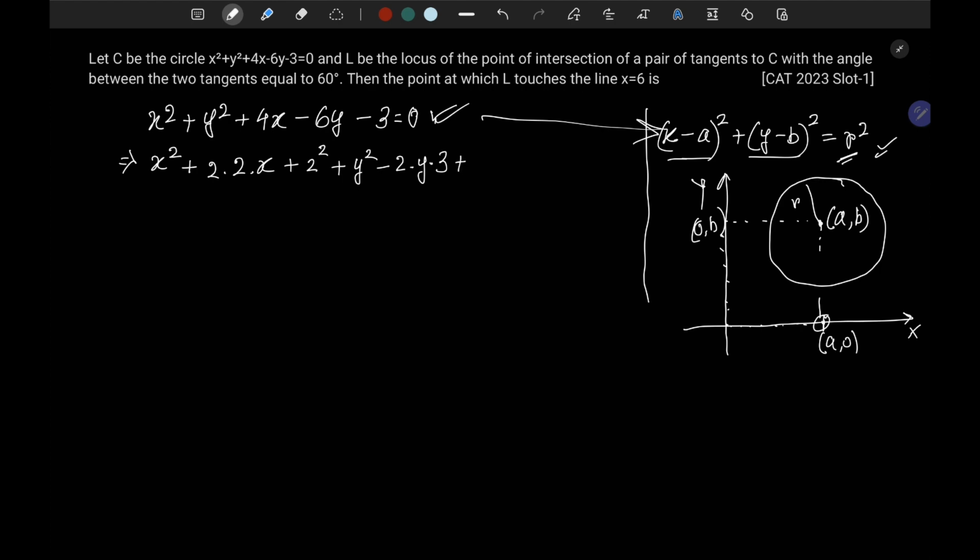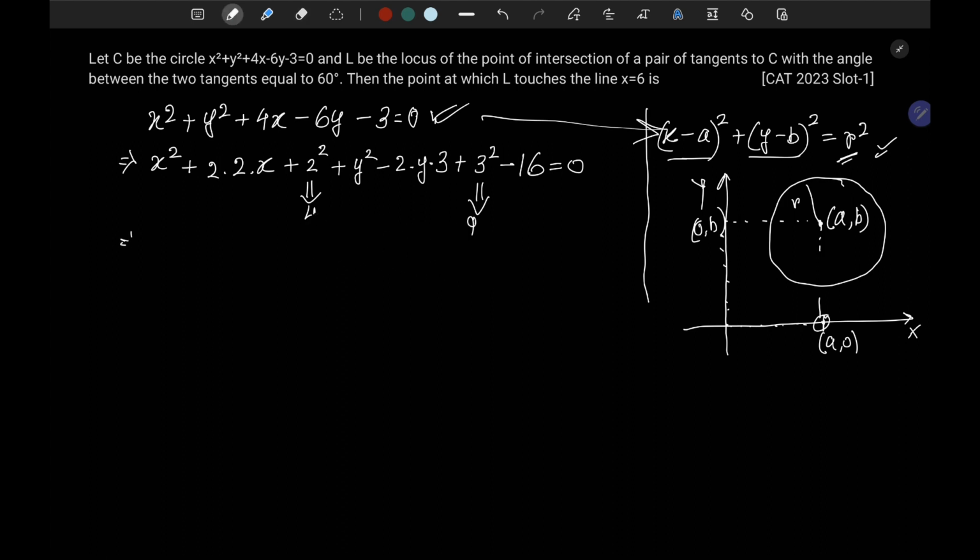Like the previous one, to complete the square we need 3 square or 9. So how much do we have up till now? This is 4 and this is 9, we already have 13, but we need a constant term which is minus 3. So we would subtract 16 from the total, and that is equal to 0.